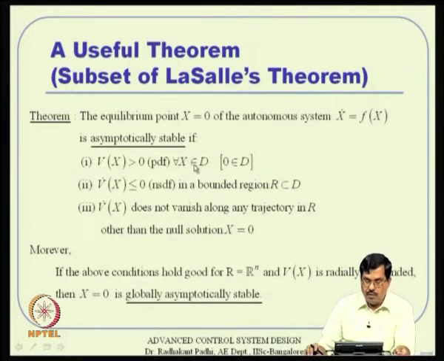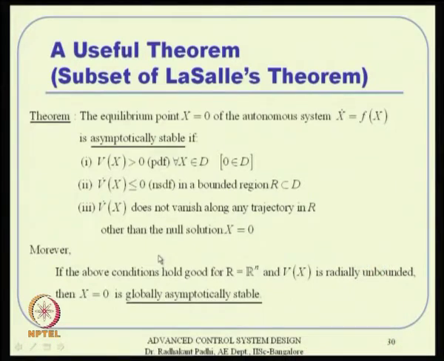So, then we can still conclude that the origin x equal to 0 is globally asymptotically stable, provided V of x is radially unbounded. If it is not radially unbounded, then you can always say it is stable or locally asymptotically stable.